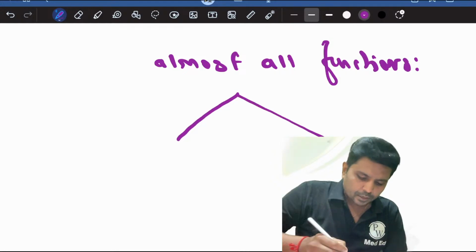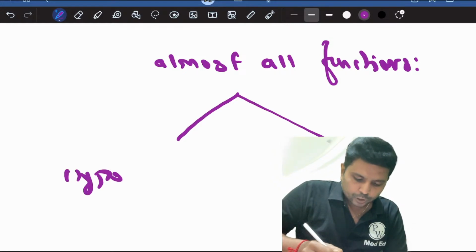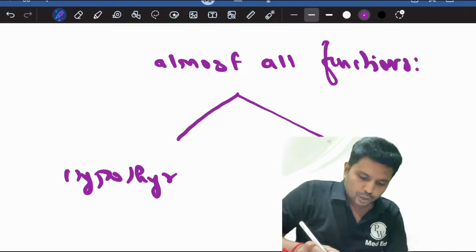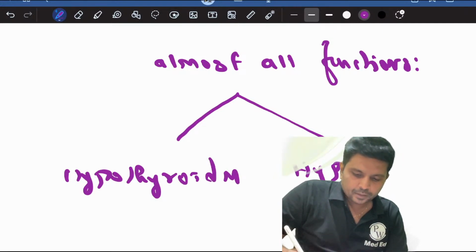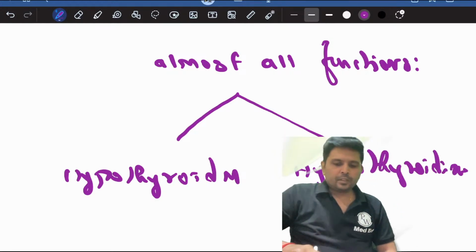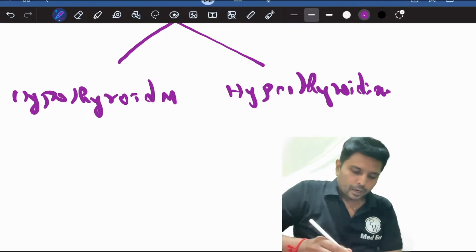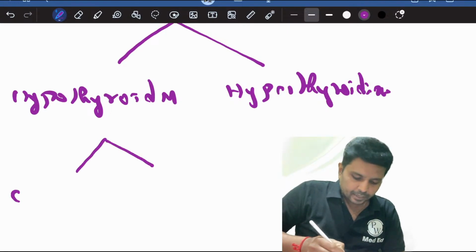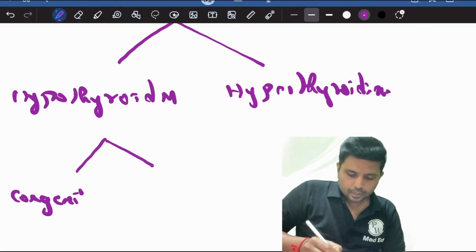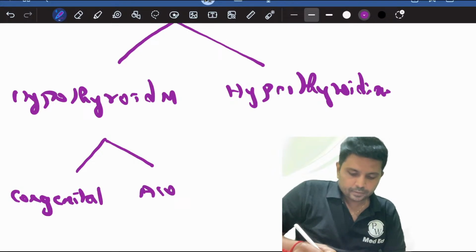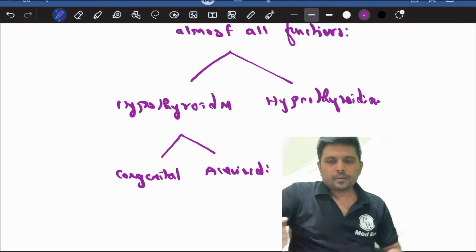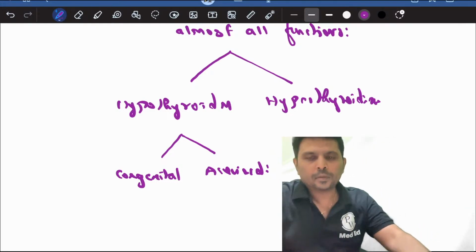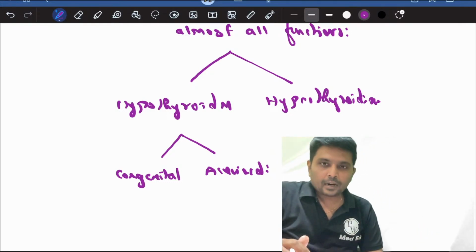The manifestations of thyroid can be either hypothyroidism, in which it is not acting, or hyperthyroidism. The cause for hypothyroidism can be either congenital or acquired.